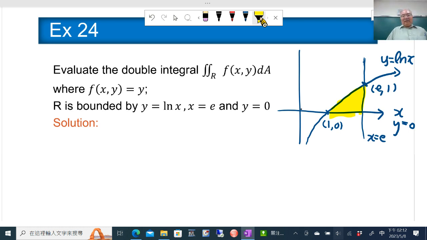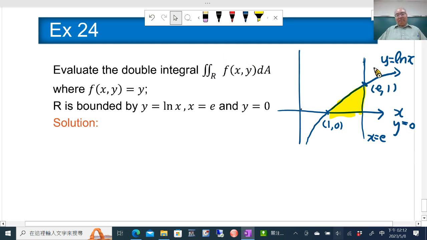Okay, and now what type of integration form do we have? We can think about this as upper function, this as lower function, so it's type 1.